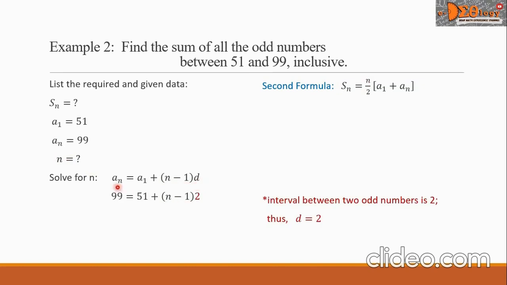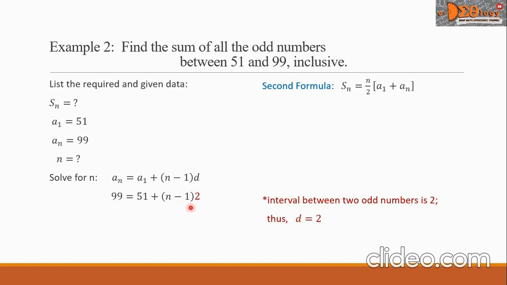The 99 is the last term, so we will put here equals a sub 1 is the first term, that is 51, plus the quantity n minus 1 will be same, and d is 2. Remember, the interval between odd numbers is 2. So that is the common difference.